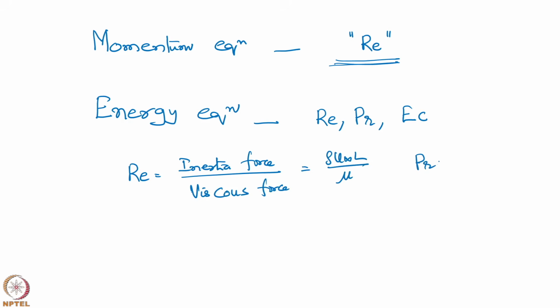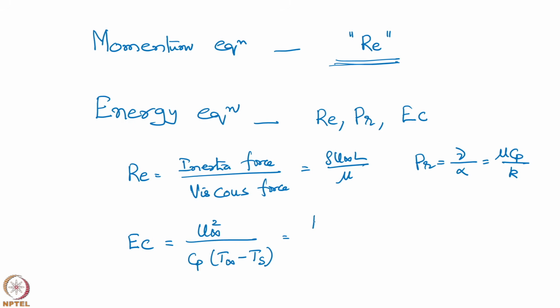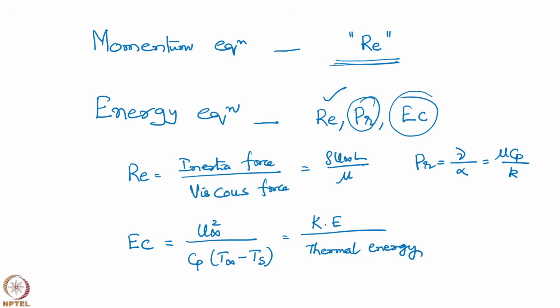Prandtl number is momentum diffusivity divided by thermal diffusivity, that is mu Cp by k, and Eckert number is u infinity squared divided by Cp into T infinity minus Ts, that is kinetic energy divided by thermal energy. That means my temperature distribution is not only dependent on Reynolds number, it is also dependent on Prandtl number and Eckert number. So this is the takeaway.